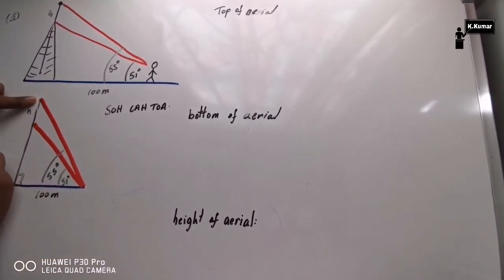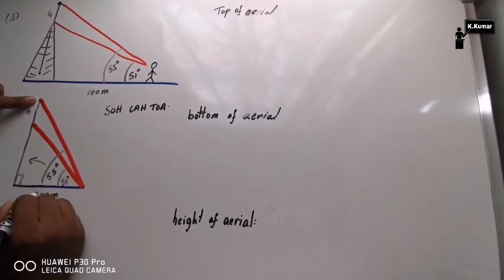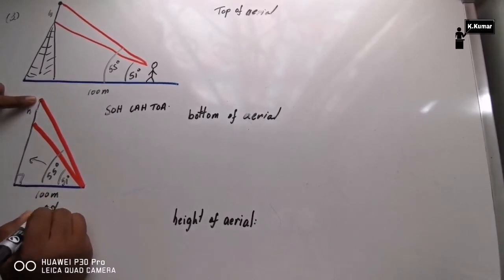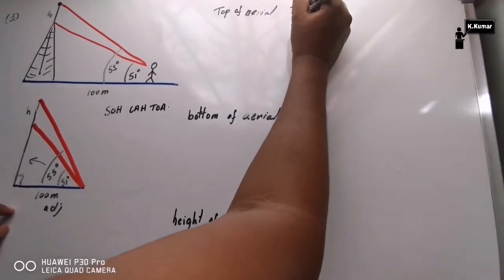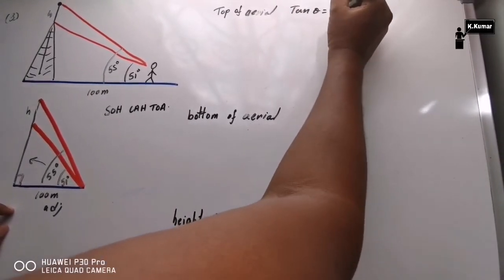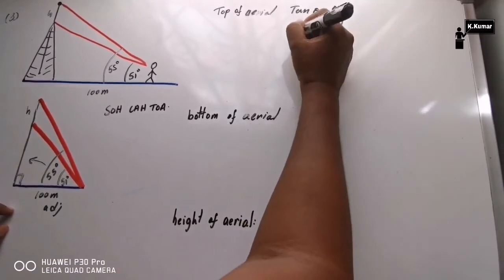If I'm working with 55, then this becomes the opposite side, and this is my adjacent side. So again, we're working with tan. Tan theta is equal to opposite over adjacent.